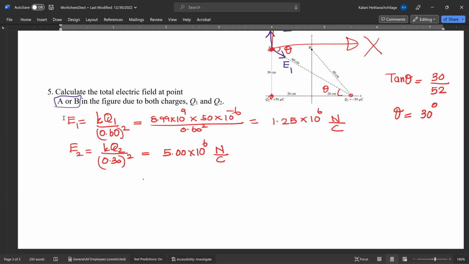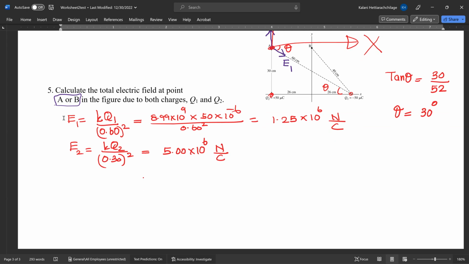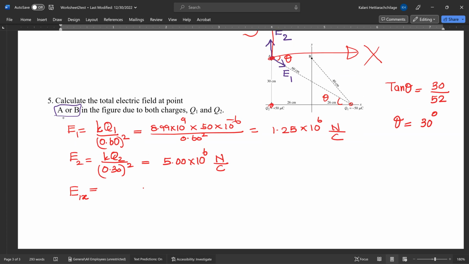Okay, so now we're going to write our information towards X and Y. You can write it together or you can do it separately. Let's write the X component from E1. You see that it is in the fourth quadrant, right? And then your X component will be positive. That will be E1 times cosine of theta.